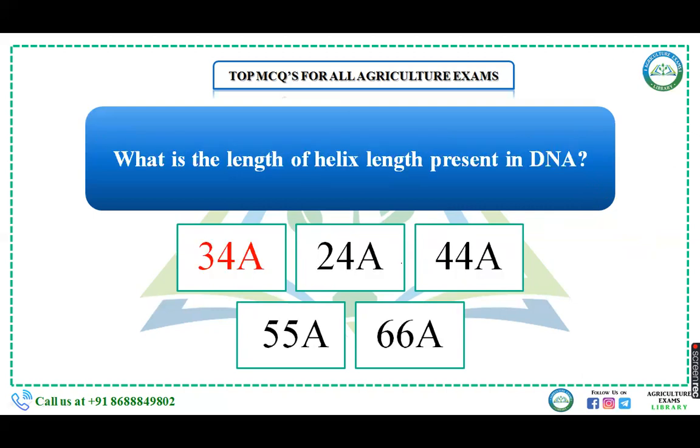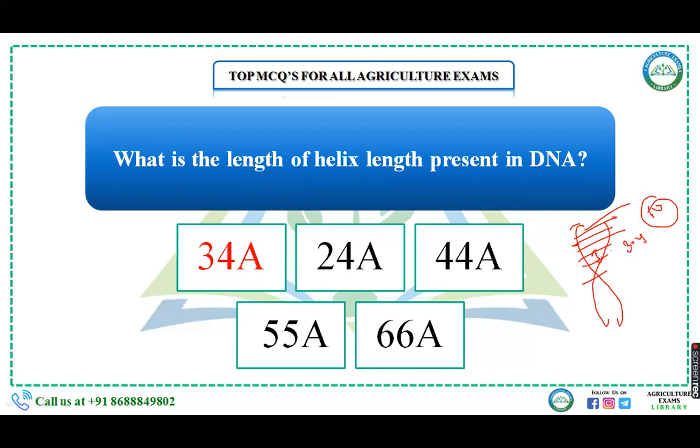What is the helix length present in DNA? When you talk about this, I've told you a helical structure is there. In one complete turn, how many steps of nitrogenous base are there? There are nearly 10 steps, and the distance between one step and the next is 3.4 angstrom.